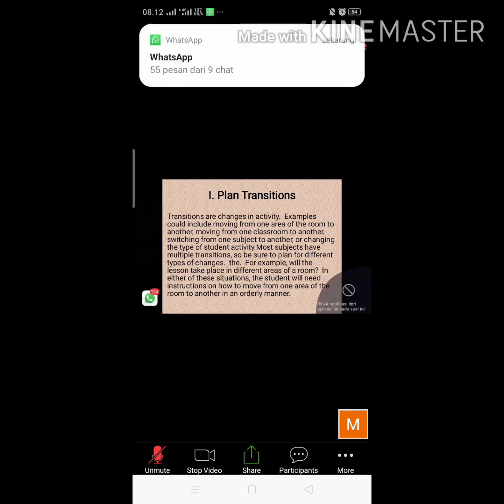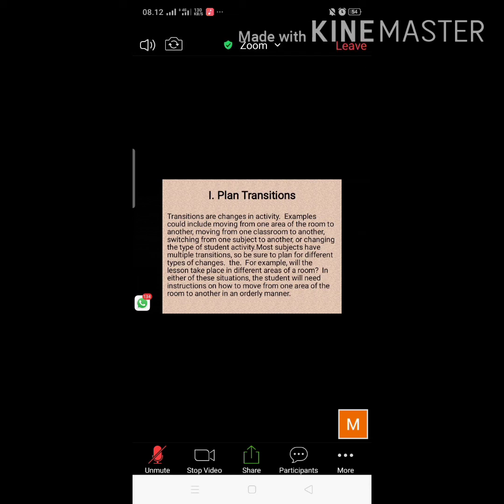Plan transitions. Transition or change is an activity. Examples could include moving from one area of the room to another, moving from one classroom to another, switching from one subject to another, or changing the type of student activity. Most subjects have multiple transitions, so be sure to plan for different types of change.